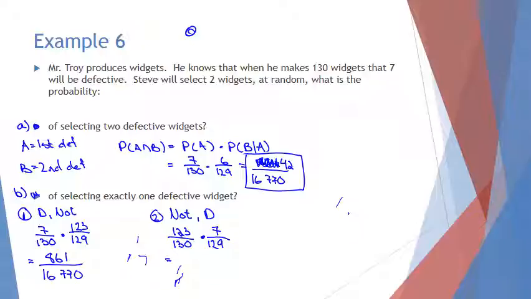And you can see it's actually the exact same numbers, just in a different order, so I get the 861 over 16,770. And then the third thing we'll have to do is really add those cases. So if I add those together, I end up getting 1,722 over 16,770. So we'd add my numerators, leave that denominator alone.